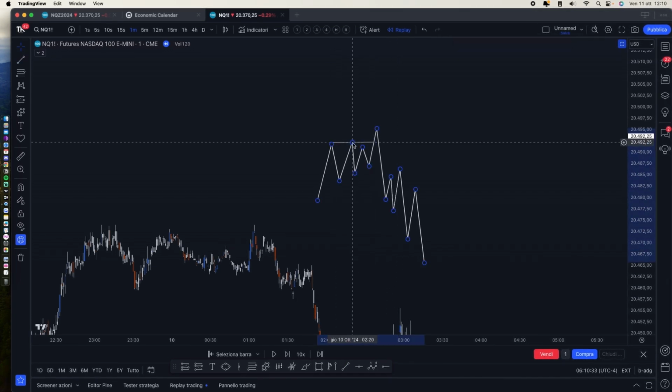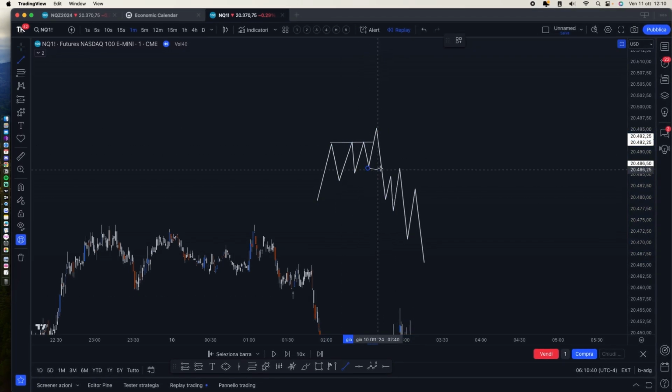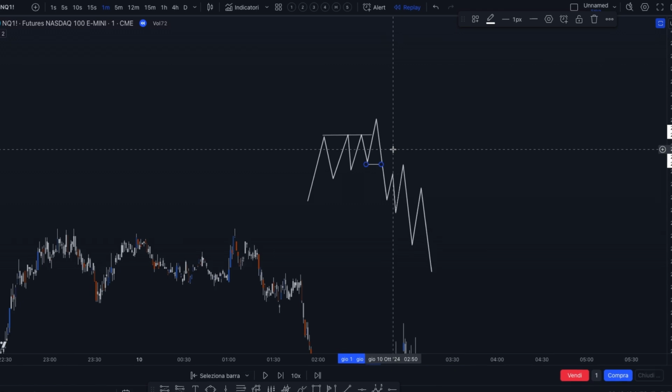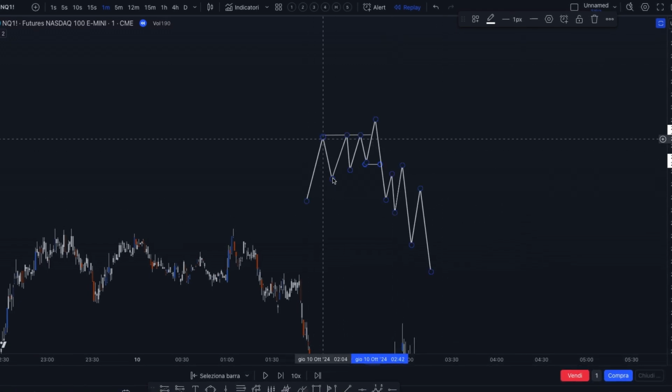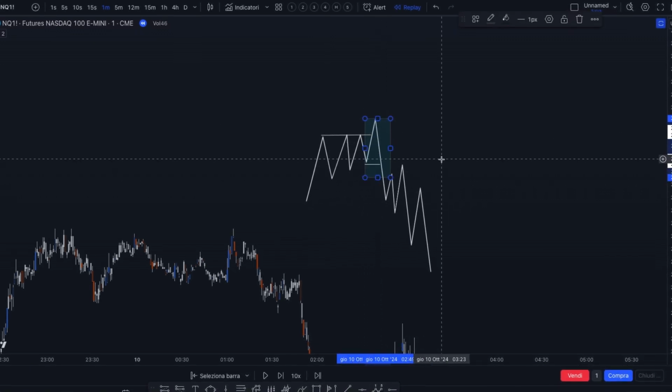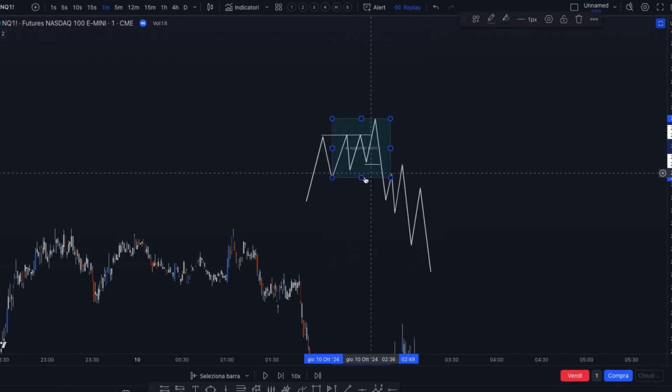So when you have liquidity, you have accumulation, grab the liquidity, break of structure, and distribution with a little bit of retest. I see this kind of pattern using volumes.